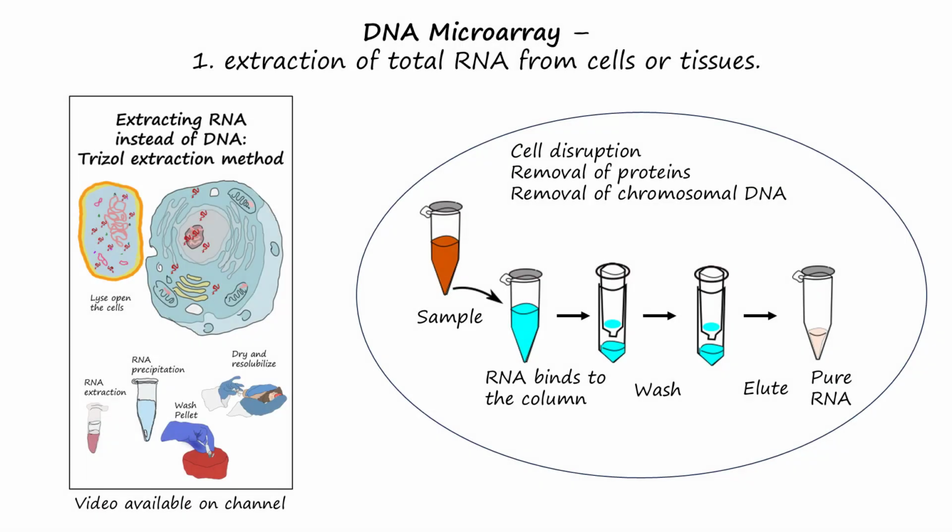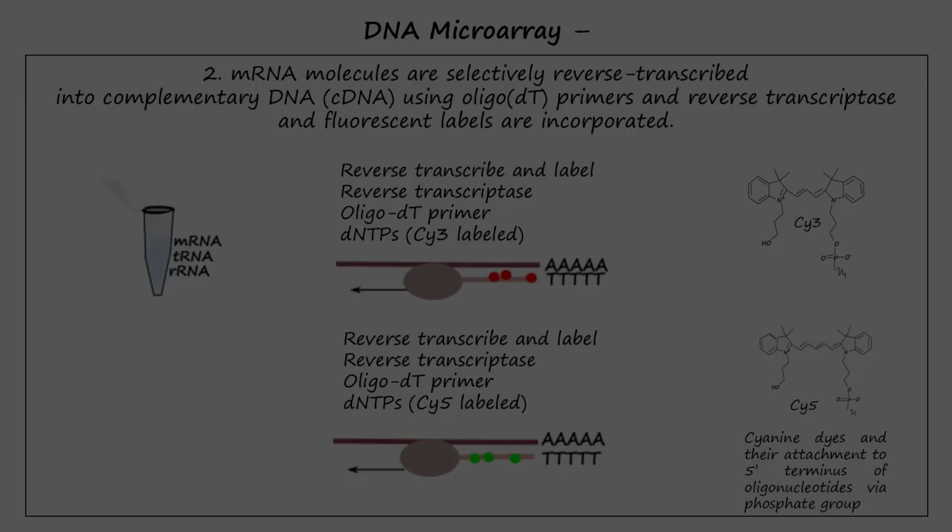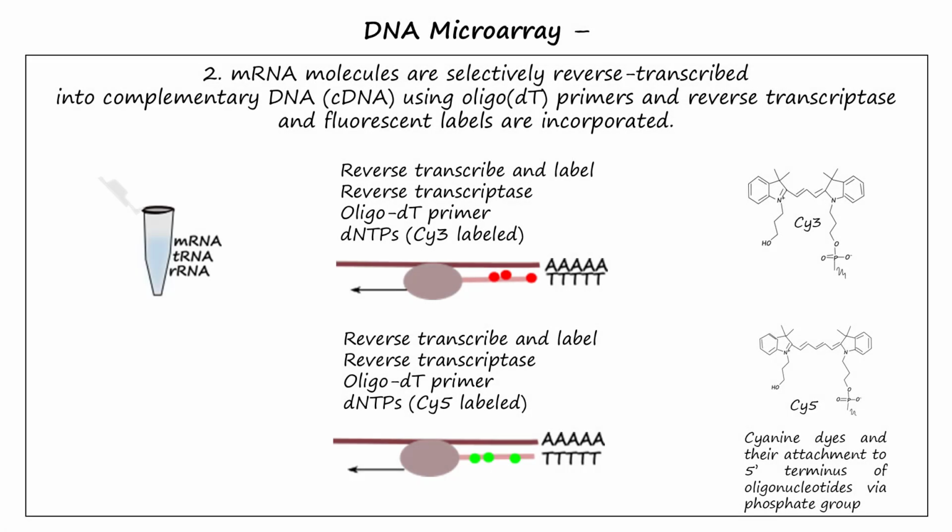The microarray procedure begins with the extraction of total RNA from cells or tissues. Because the abundance of messenger RNA reflects the expression levels of protein-coding genes, mRNA molecules are selectively reverse transcribed into complementary DNA using oligo-dT primers and reverse transcriptase.